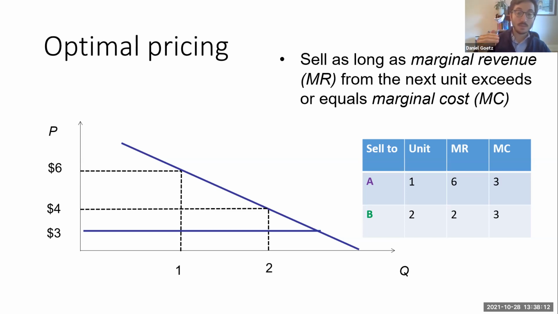That means for consumer A, we're reducing the revenue we get from them. It used to be 6 and now it's 4. So when we reduce the price from 6 to 4, we're gaining $4 from selling to consumer B, but we're losing $2 because we're lowering the price for consumer A. So we've gained 4, lost 2, and our gain is only 2. Our marginal revenue, MR, is only 2, and that's smaller than marginal cost. So we don't choose to produce for B.